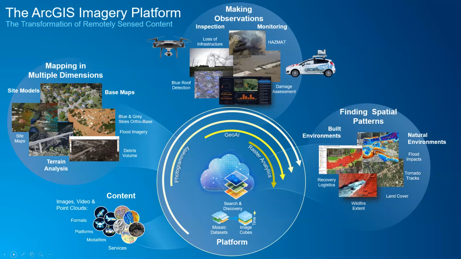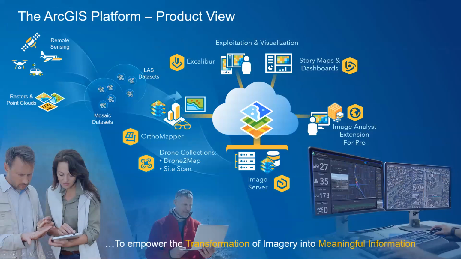So it's this ability to take raw content, do the mapping in multiple dimensions, but now we're taking that even further. We're getting into making observations. And then more important, what Vinay was showing and Kyle was showing just on Tuesday, was this ability of the computer to go out and find these spatial patterns within this remotely sensed content and be able to generate information products on the fly using the technology. So that's really what the ArcGIS platform is all about.